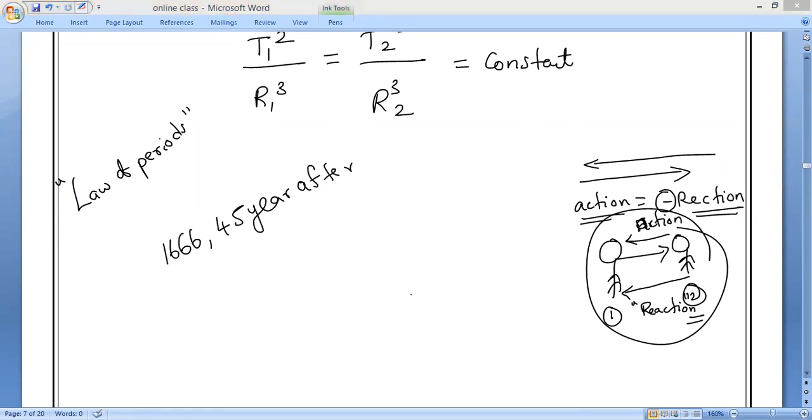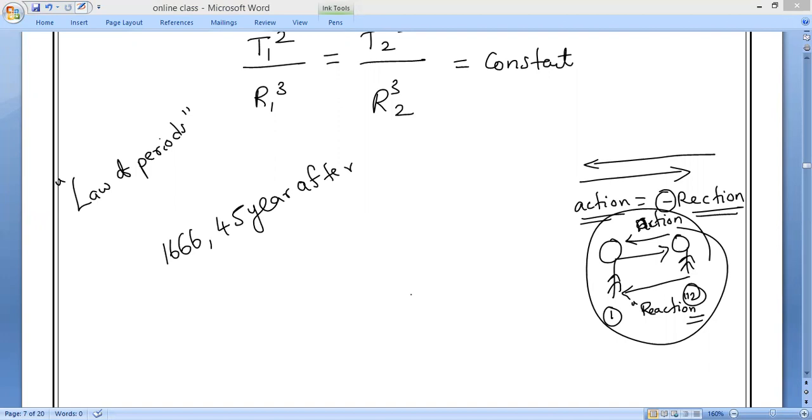So 45 years after Kepler published his work, Newton began his studies of planetary motion, in the year 1666. Before that, 45 years earlier, Kepler had proposed his work. So after that, Newton came onto the scene and started studying planetary motion.